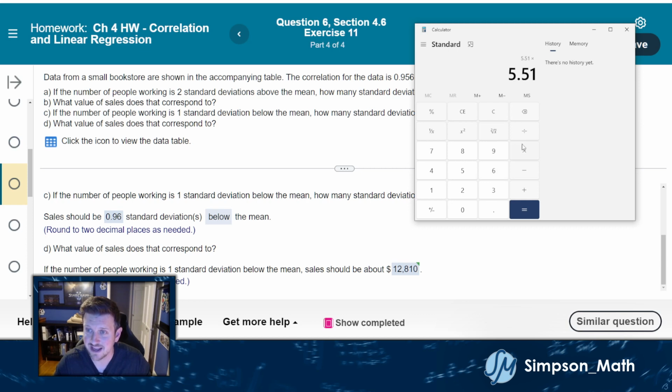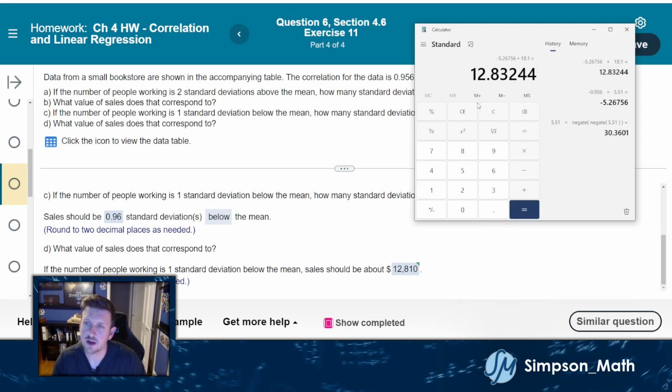I'm going to multiply it by a negative, no, I don't want to negate that. Clear. I'm going to type in 0.956. I'm going to negate it. Now I'm going to multiply by my 5.51. And then I'm going to add that to the 18.1.